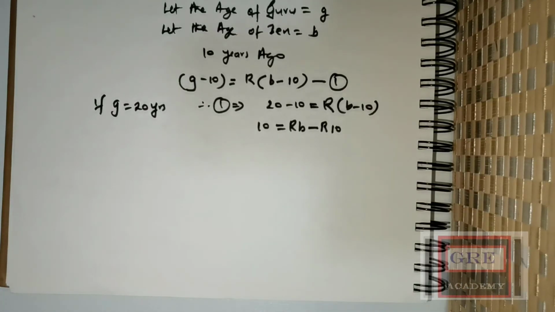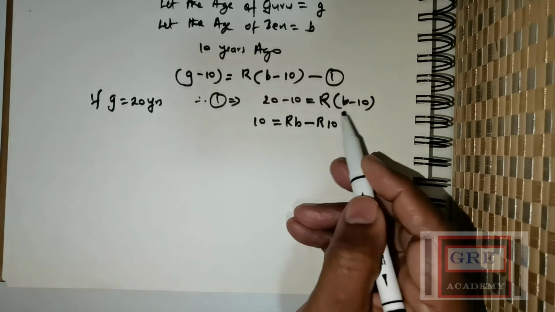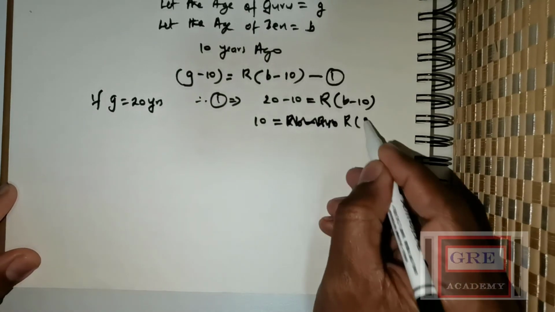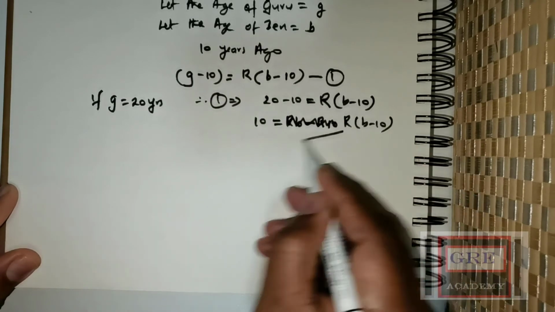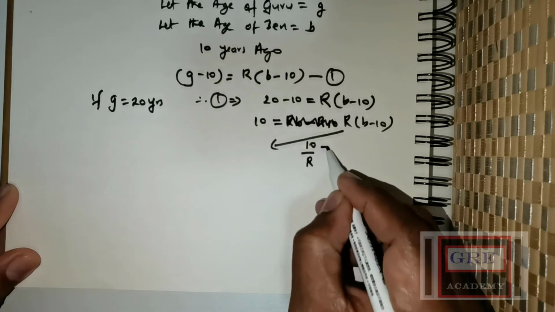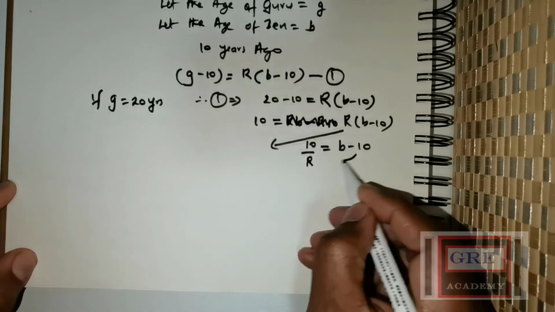In fact, we don't need to remove the parenthesis for this. I'm just keeping it as it is, R of B minus 10, and moving R down. So this will be 10 over R is equal to B minus 10. So move this 10 to this side.